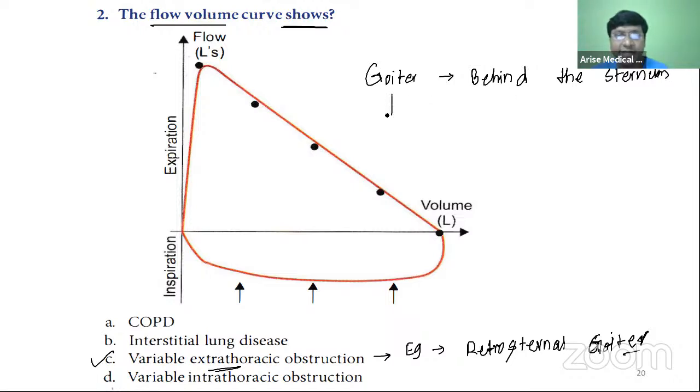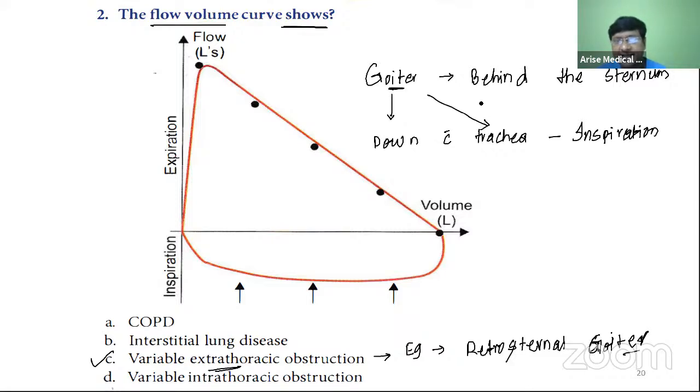And this goiter moves down with the trachea during inspiration. So what will it do to the trachea during inspiration? The goiter will compress the trachea during inspiration.